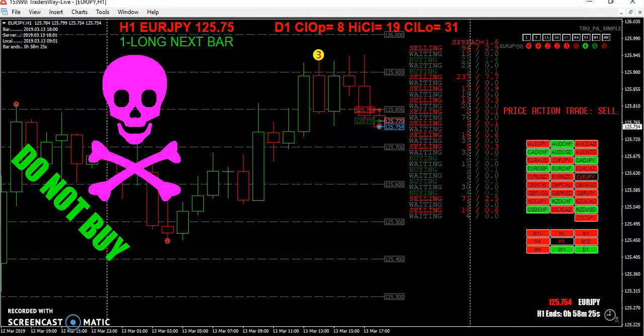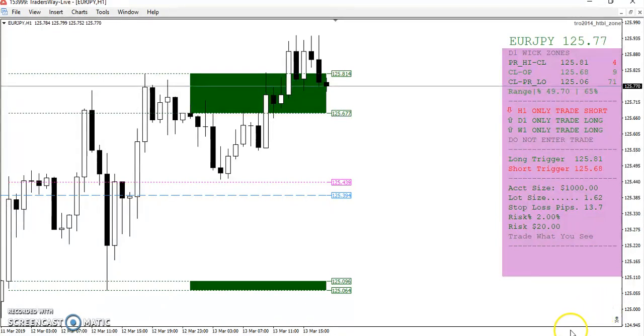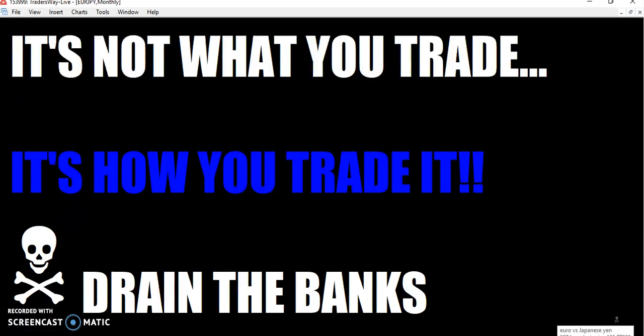Anything can happen, but sometimes, you know, price leaves clues. The wick zone, we've seen that. So fellow traders, it's a breakout trade. And once again, it's not what you trade, it's how you trade it.